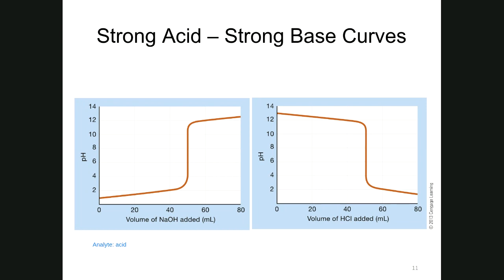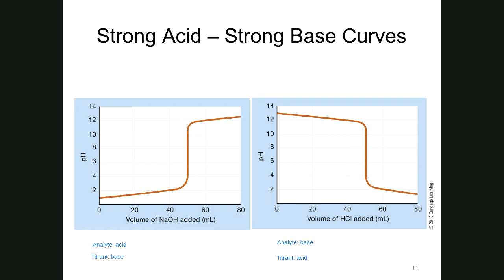Whereas you can see that over time, we're adding sodium hydroxide and we end up getting a basic pH. So our titrant here is the base. On the right side, you can see that we're starting at a very basic pH. So here our analyte is base and our titrant is acid.